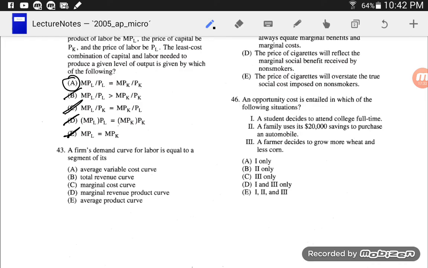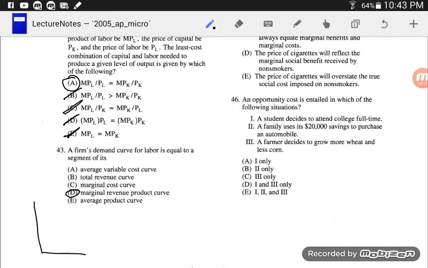43. A firm's demand curve for labor is equal to a segment of its, well, I almost misread that. I've got to really read these problems correctly. A firm's demand curve for labor is equal to a segment of its marginal revenue product. I'm going to go with 43D.